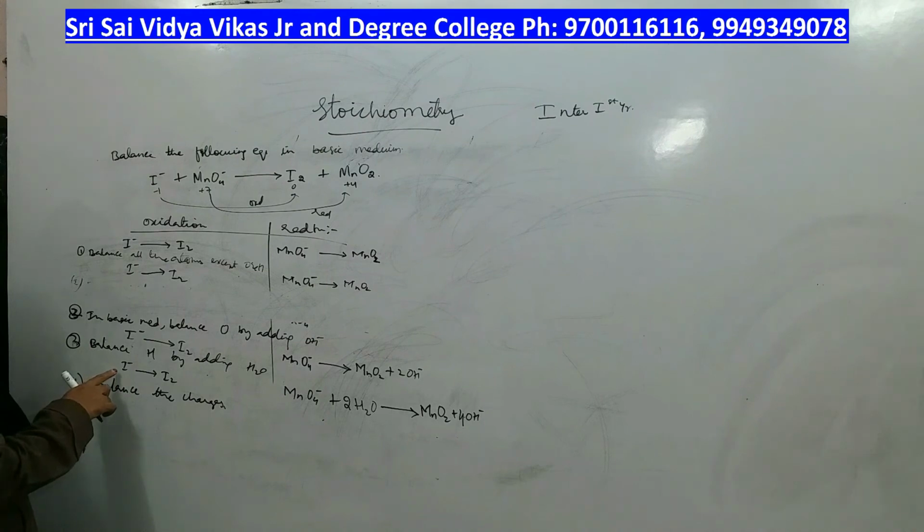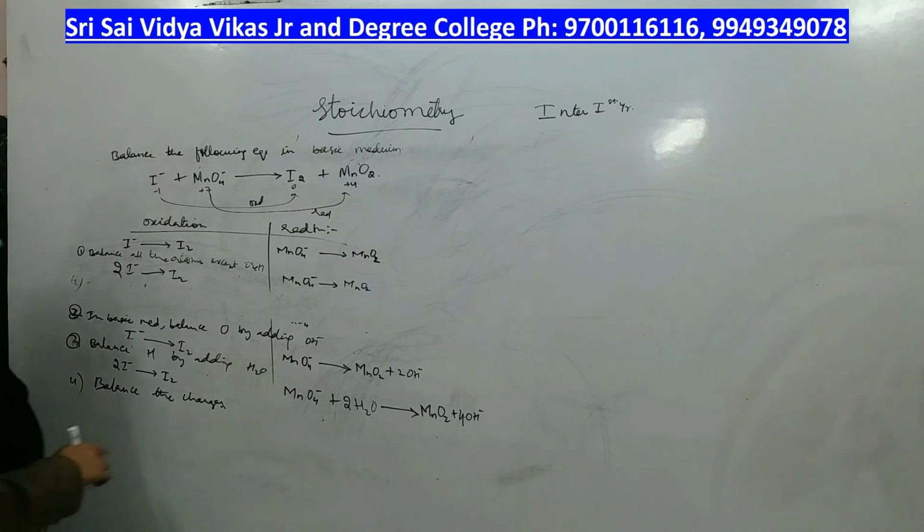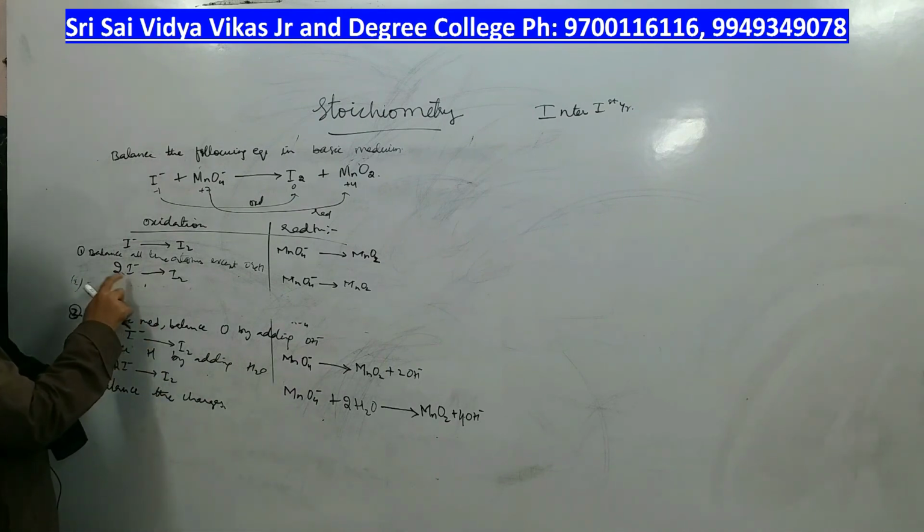Iodide is losing 1 electron to become iodine, right? That means 1 electron is lost. In the very beginning we have to balance all the atoms except oxygen and hydrogen, I told, but we didn't balance iodide. Here there are 2 iodines, here there was only 1.